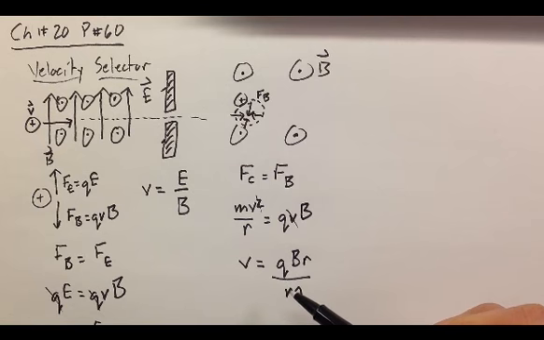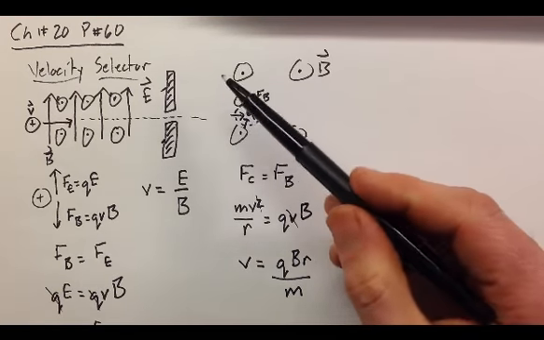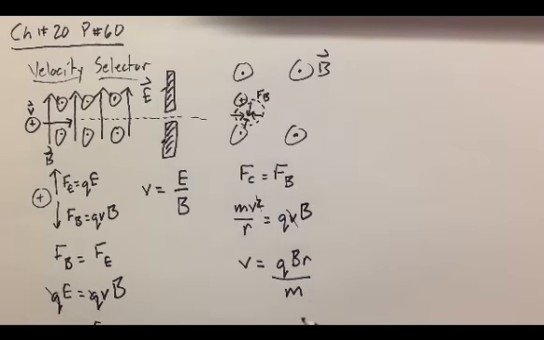So in problem 60, we have a positively charged particle moving in a circle. And they tell us what the radius is and what the magnetic field is and the mass and the charge. And the question is, what kind of electric field could I apply to this region of space so that the particle no longer moves in a circle, but instead moves in a straight line?